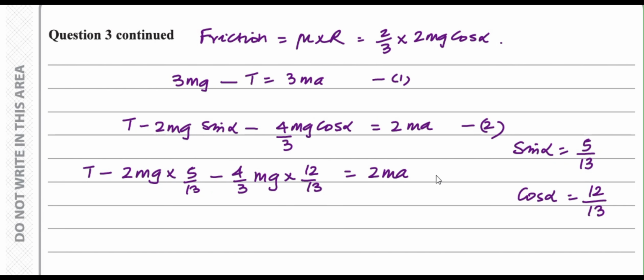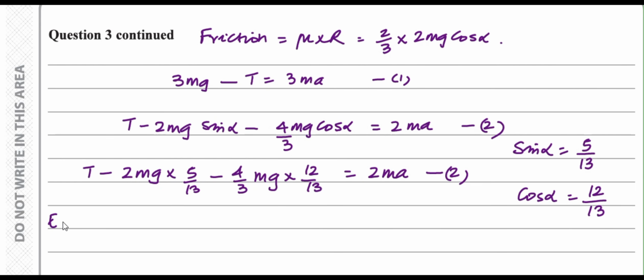Now this is equation 2, and we are after the value of T. Therefore, if we try to eliminate a from these two simultaneous equations, we will be able to get the value of T. So let's multiply equation 1 by 2 and equation 2 by 3.